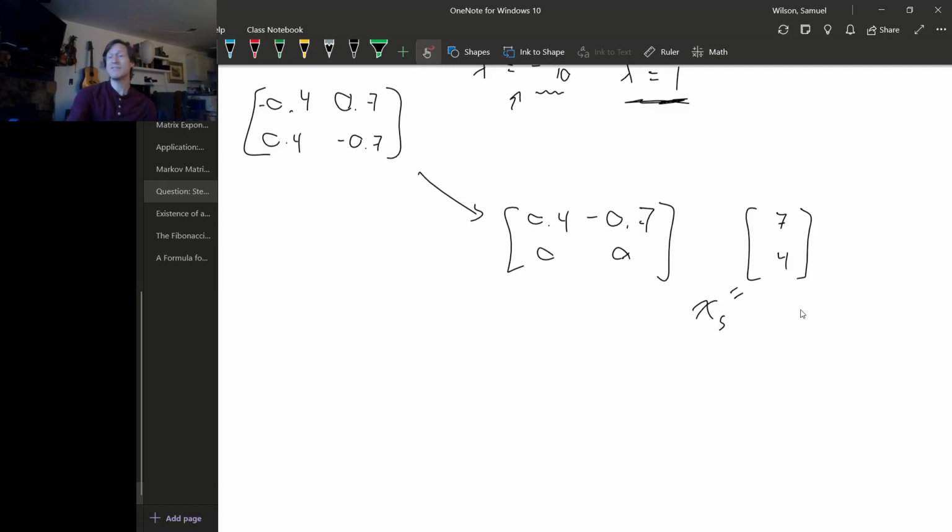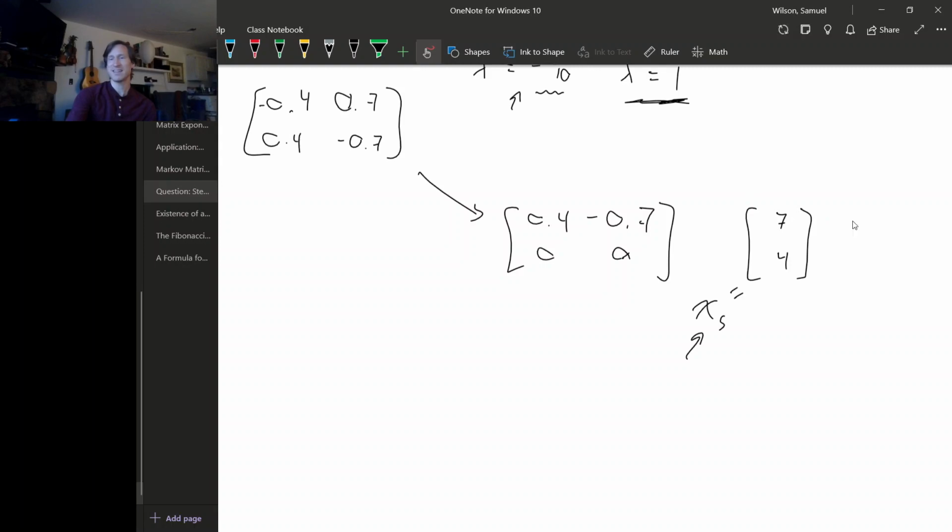In fact, any vector that is a multiple of this is also going to be a steady state. If we were looking for a steady state whose entries added up to 1, right? Because remember, one way of using a Markov process is if the state you're in is a probability. In that case, we need the sum of our states to add up to 1. And we can make that happen.